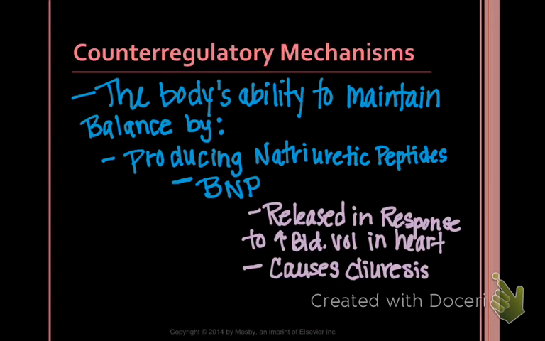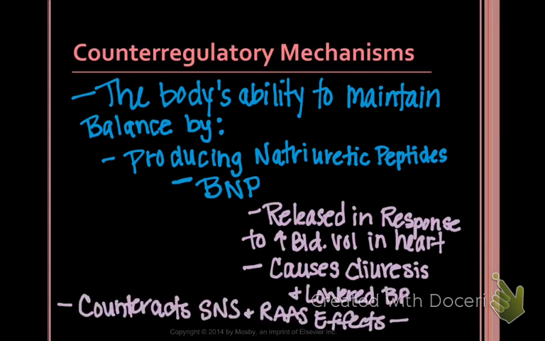And that is where the BNP comes in. These peptides are released in response to an increased blood volume in the heart. They cause diuresis and a lower blood pressure, and this counteracts the SNS and the RAS effects.